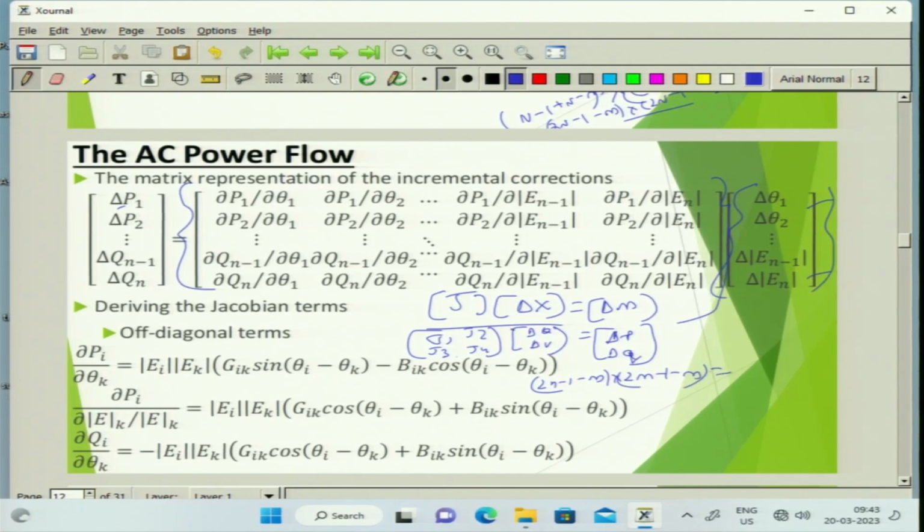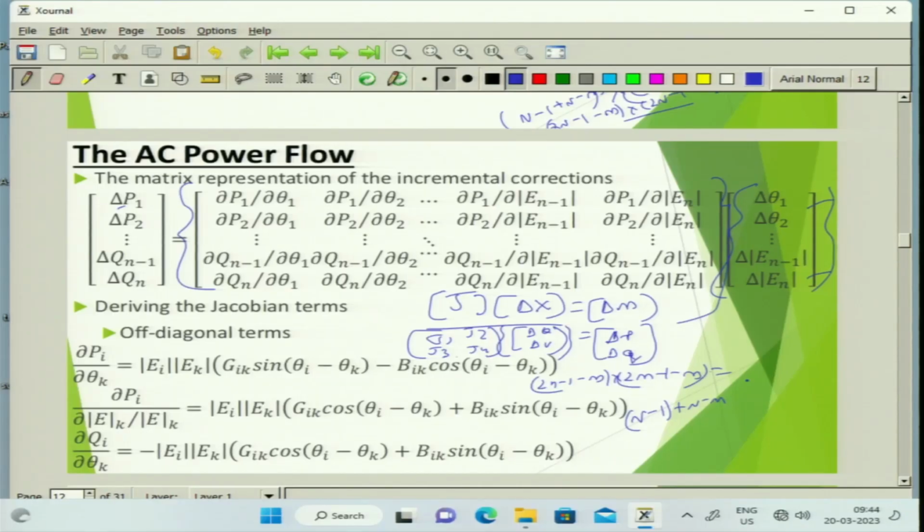And what is the size of this matrix? So how many theta are there that we do not know? It's n minus 1, right? And how many voltages that we do not know? It's n minus m, right. This is a single column matrix, then it will be 2n minus 1 minus m into 1.